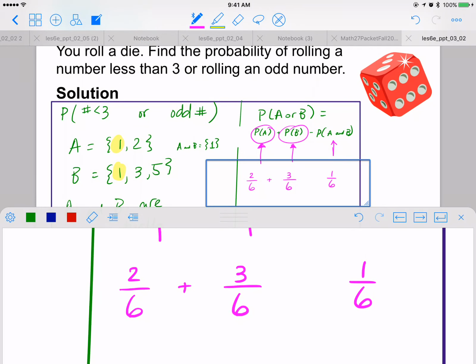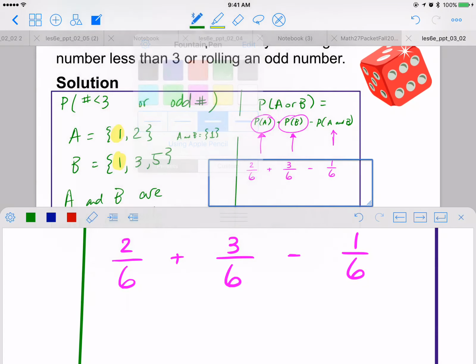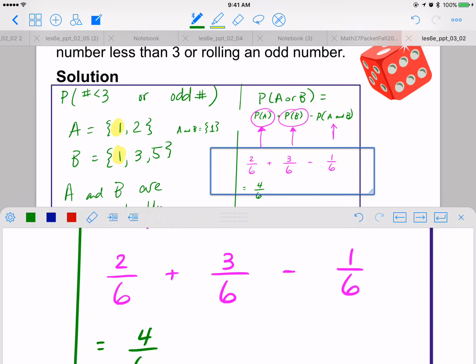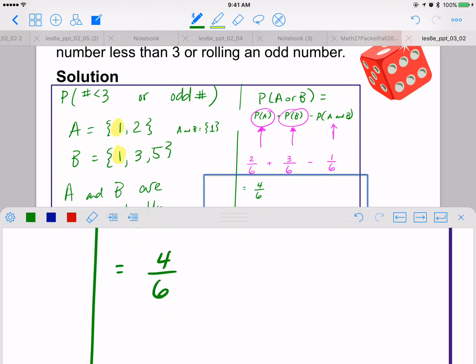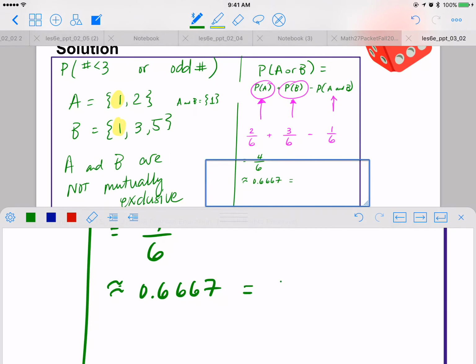So we need 2/6 plus 3/6 minus 1/6. Okay, so our probability is going to be equal to 4 over 6, right? So that's 5 minus 1, 4 over 6. And this is about 0.6667. Just say 66.67%.